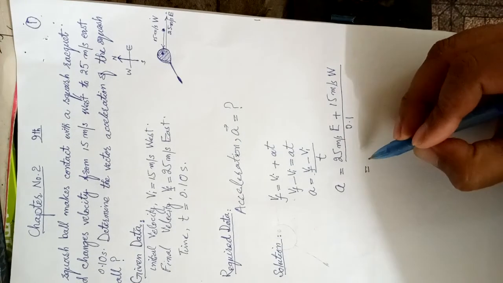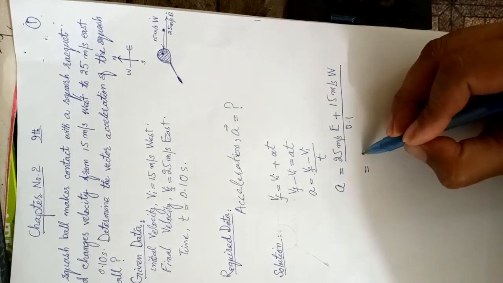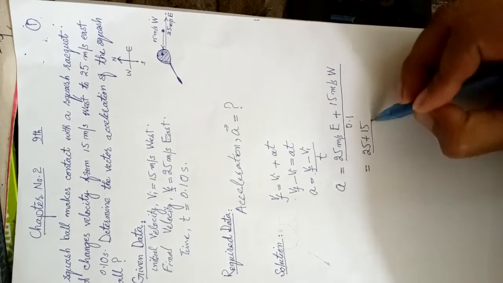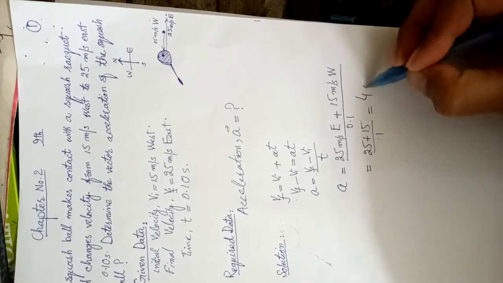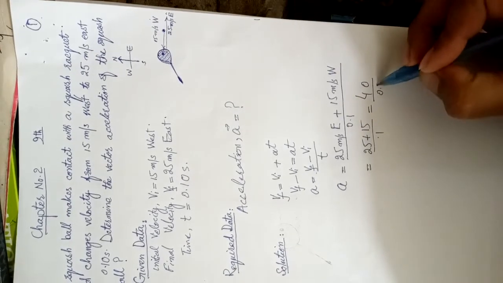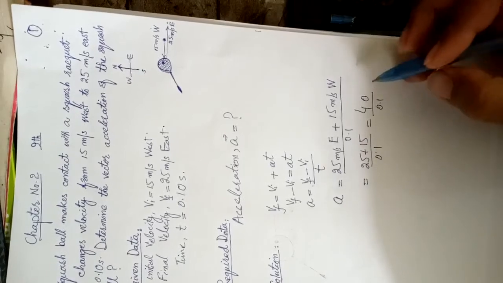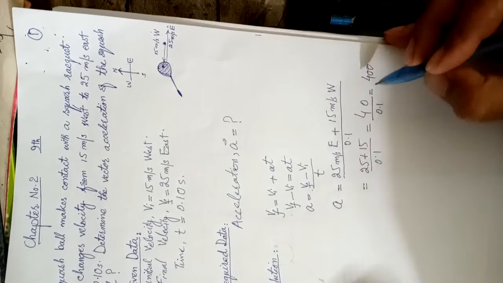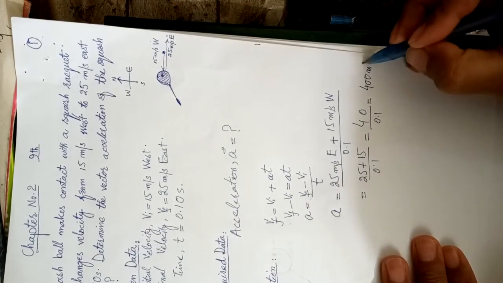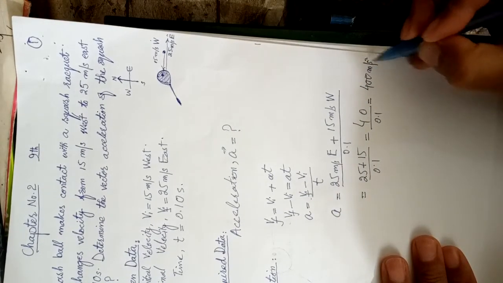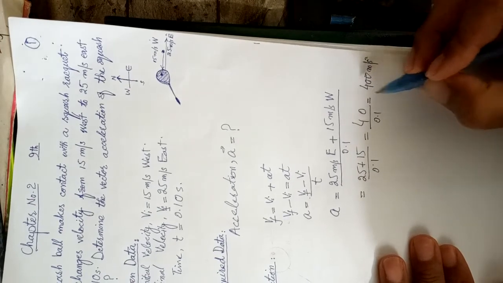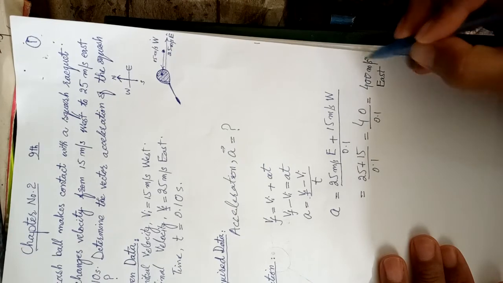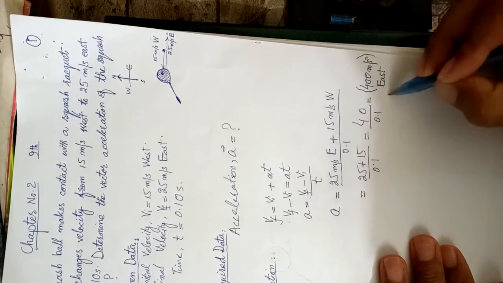By simplifying that we will get 25 plus 15 divided by 0.1, 40 divided by 0.1, so we will get 400 meter per second square. Its unit is meter per second square and it will be towards east. So this is the required answer.